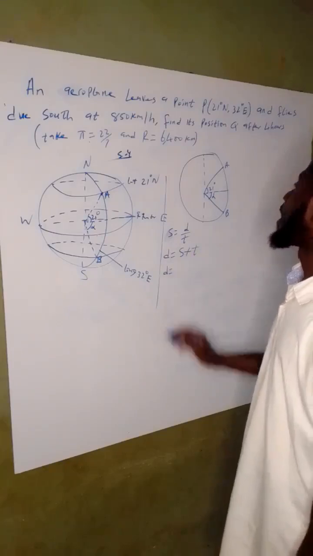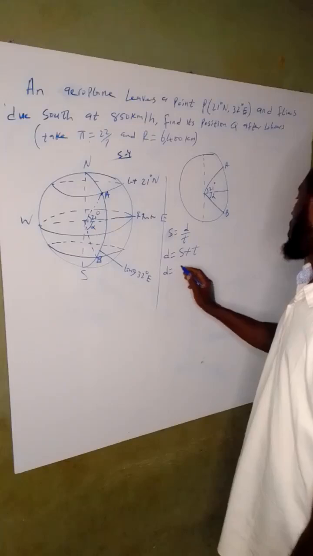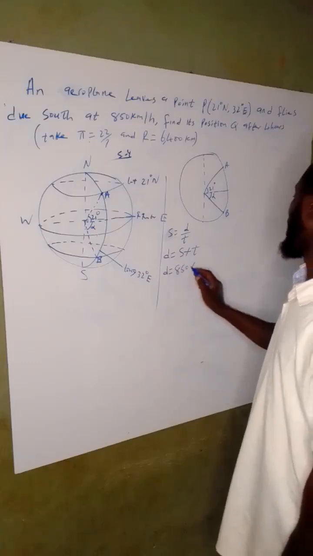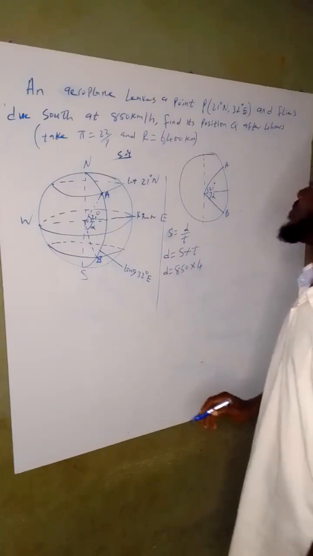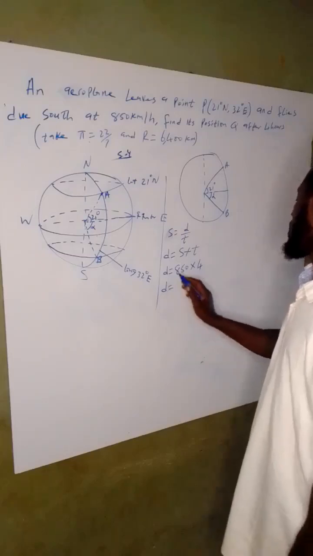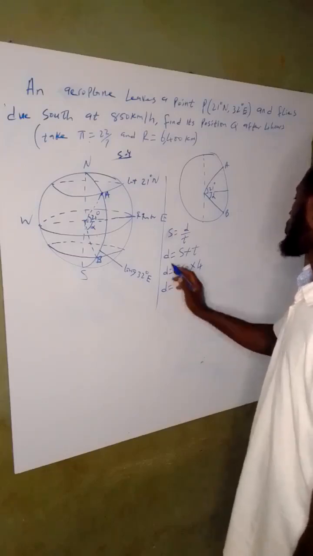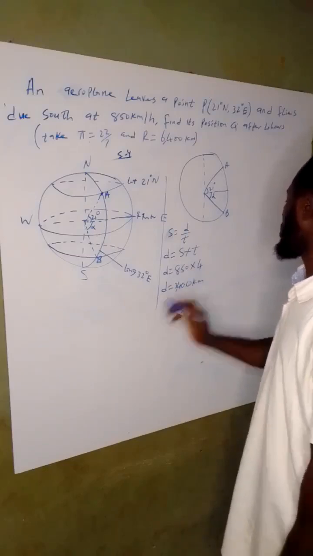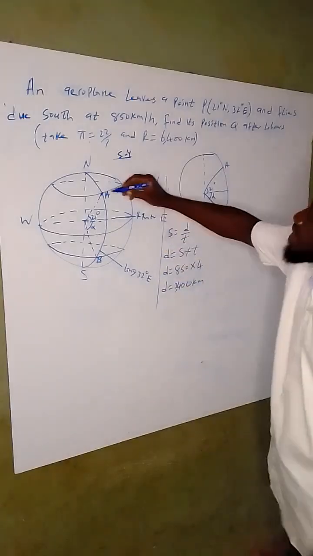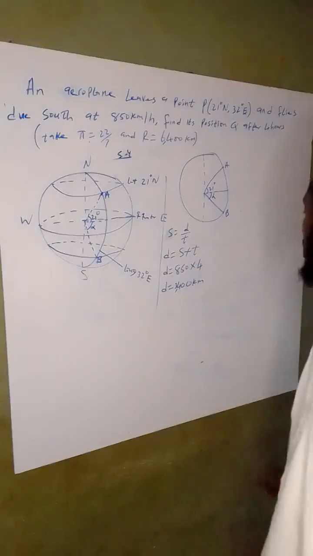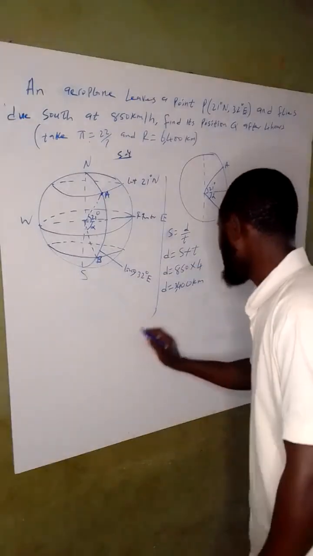So our distance is 850 times 4. 4 times 0 is 0, 4 times 5 is 20, carry 2, 4 times 8 is 32, plus 2 is 34. That is 3,400 kilometers. That means the distance from A to B is 3,400 kilometers.